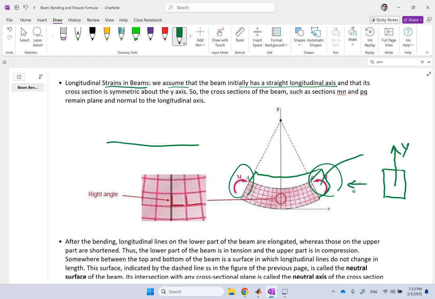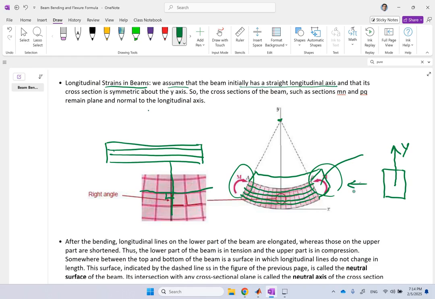If that's the case, we can assume that when the beam is bending, all of these different lines that were parallel in the longitudinal direction when the beam was not bent are going to be curves with the same center shown by this point, with different radii but the same center, and the angles that these curves make with the radial lines are still at 90 degrees.